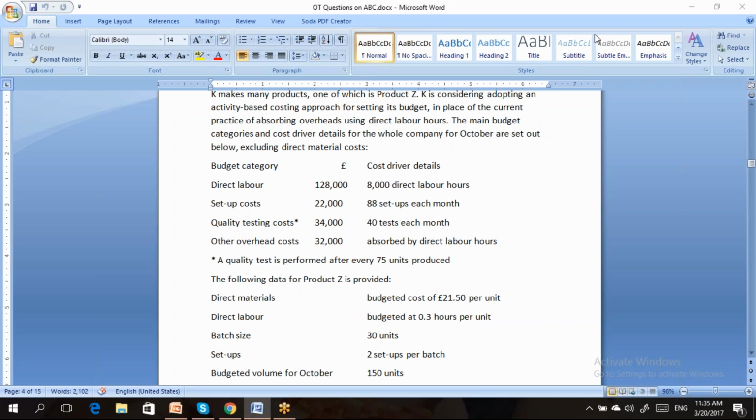But try to cut down on your time rather than trying to multiply by 150 and divide it by 150, because the time is so precious in this 90 minutes. You would easily have done it taking the per unit one, isn't it? What's the answer per unit? Is it 55.5? 55.5, that's correct, yes.